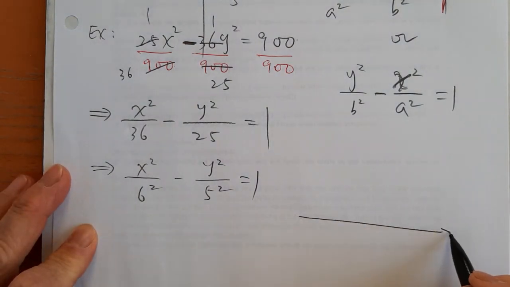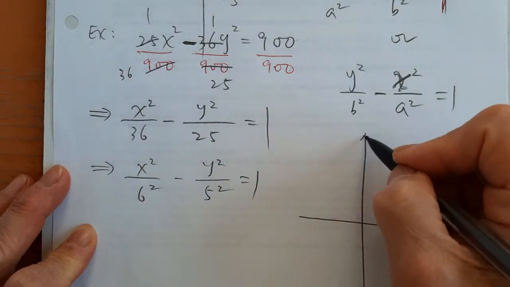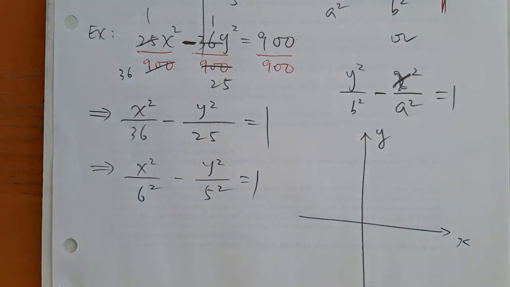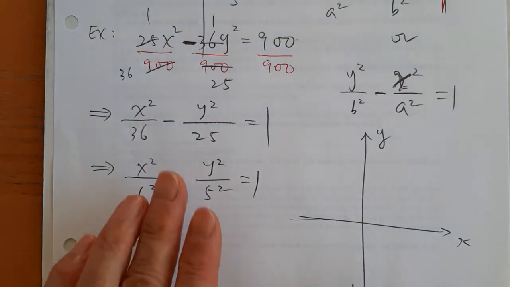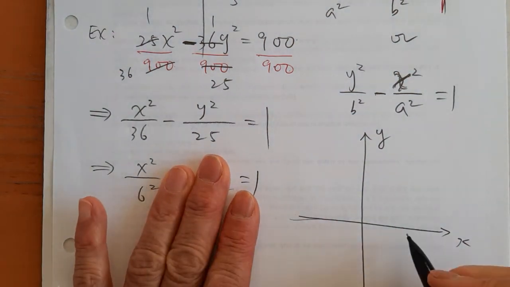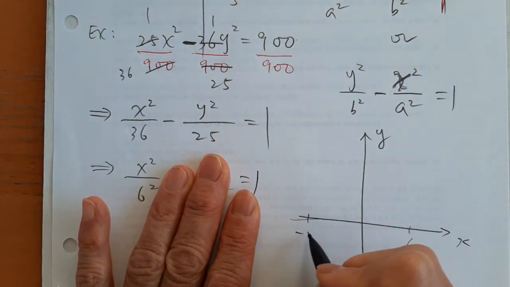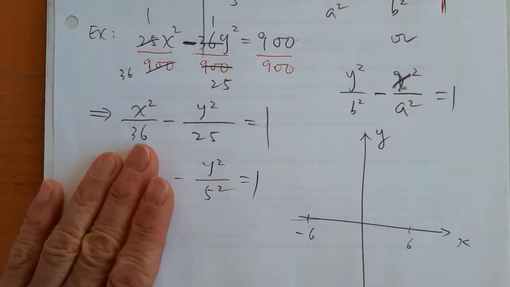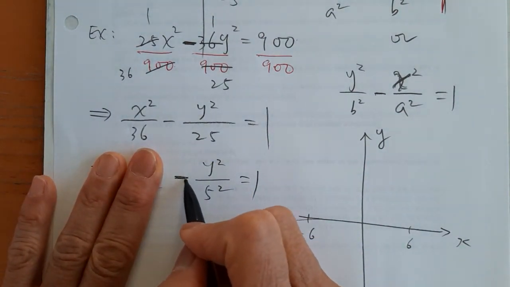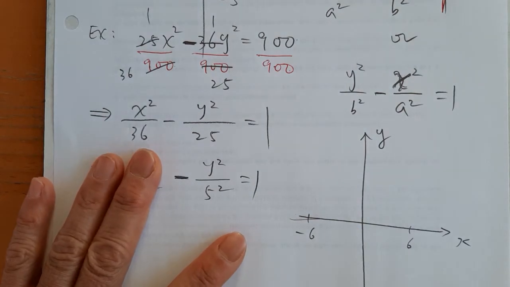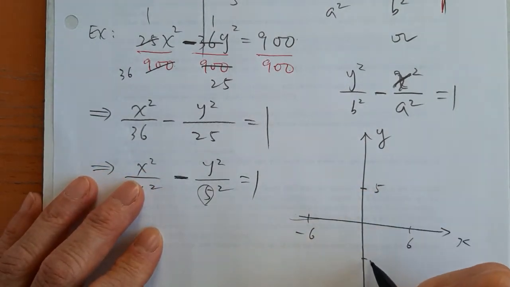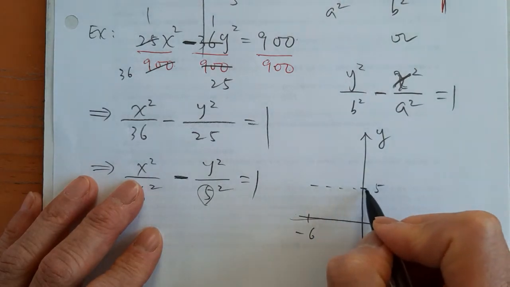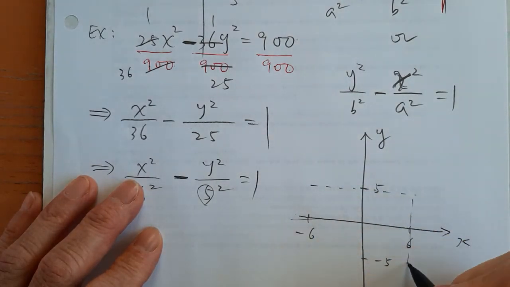Then you draw the graph. It's the x-axis and the y-axis. Then you let y equal 0. You get x equal positive 6 and negative 6. You let x equal 0 and there's no y-intercept, but you can use this 5 and this negative 5, and you need to draw a rectangle box.